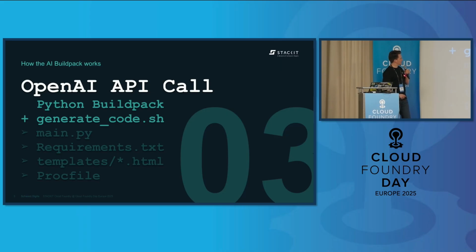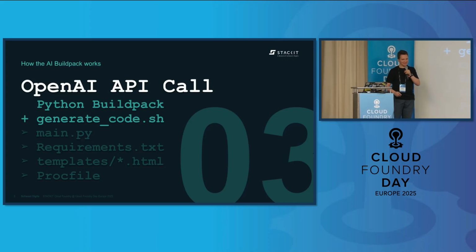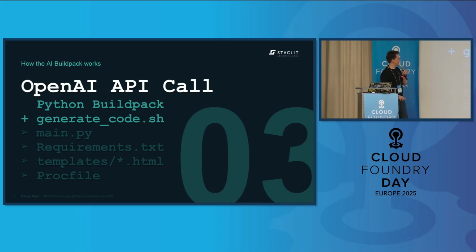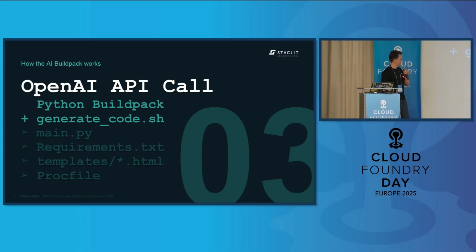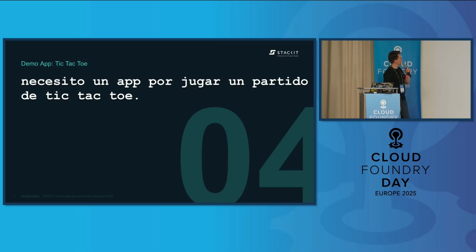And what this generate code does, it actually takes the prompt, embeds it into a larger prompt so that it hopefully works better, and then it generates the main py, requirements.txt, and so on and so on. And that's basically it. So let's have a look how it works.